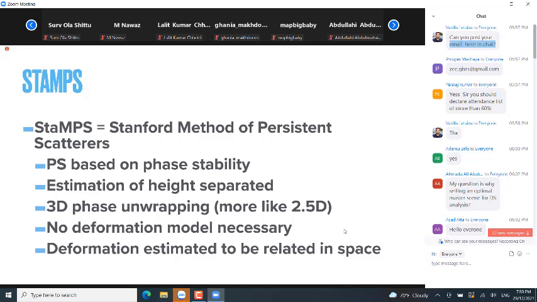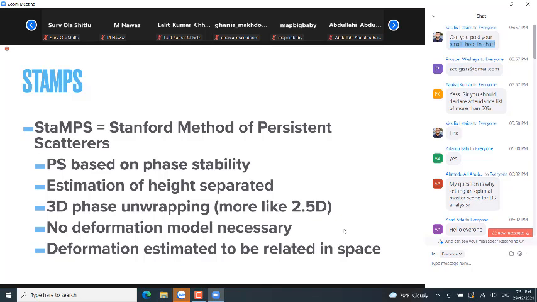So we're going to have a center with more deformation, and then the deformation is slowly reducing on the side. So they are forms that are related in space. You don't really have sharp lines, sharp edges of deformation. So for that, it is working very well. Right? That's what it is developed for.